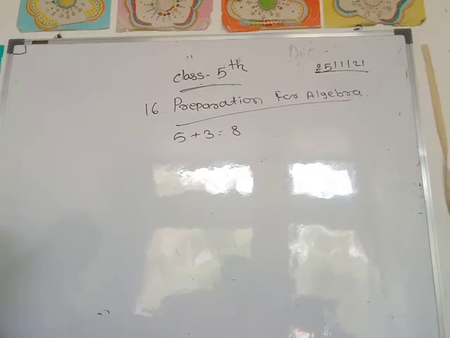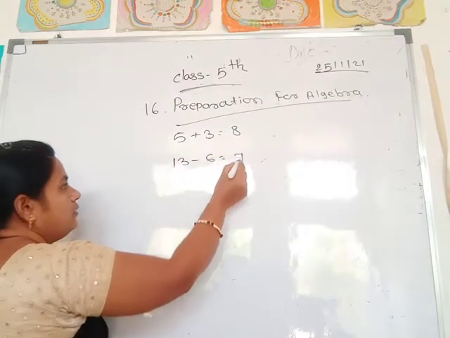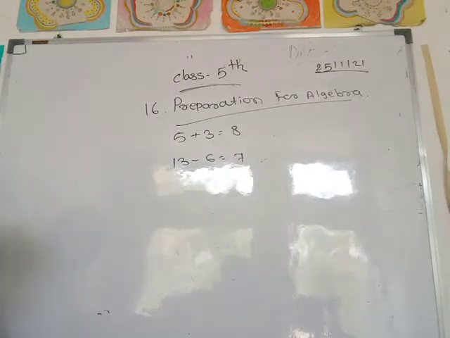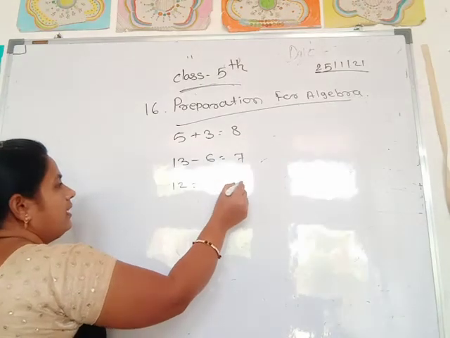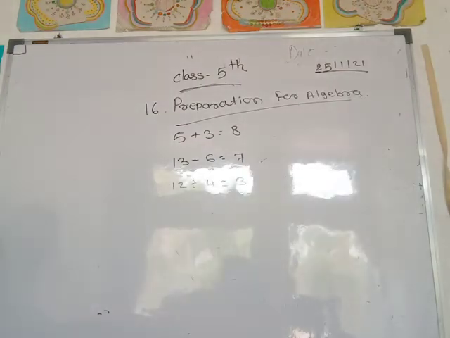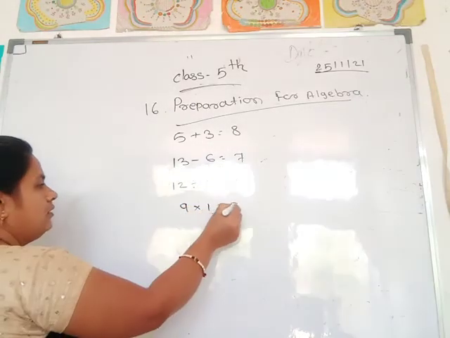We get the number 8. We write this: 5 plus 3 is equal to 8. Similarly, 13 minus 6 is equal to 7. 12 divided by 4, answer 3. 9 into 1 is equal to 9.